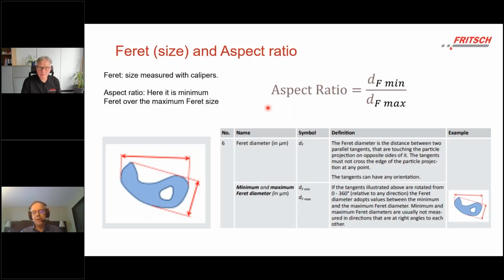The reason I point this out is I've seen about six or more different definitions of aspect ratio across various instruments. So this is an important fact when you're communicating about results. It doesn't really change the results too much. You want to make sure you're using the right terms.